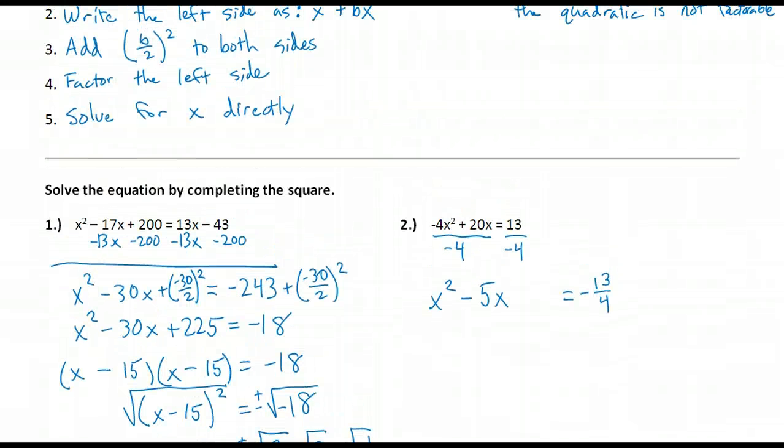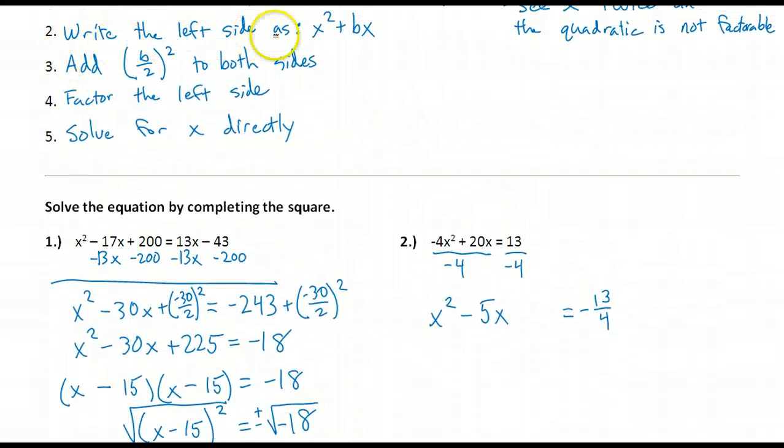I need to write the left side as x squared plus bx. Well, if I look, I already have that. I have my x squared term and my x term with all my coefficients on the left. So now I need to add negative 5 divided by 2 squared to both sides.